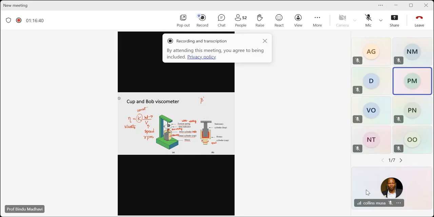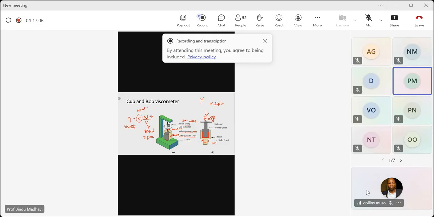So W can be work done, or sometimes we add weights to the rotating element. We go on increasing the weights. Initially, we start with 100 grams. Then we go for another 100 grams. So whatever the amount of force that we are adding is increasing. So these are multiple point viscometers.